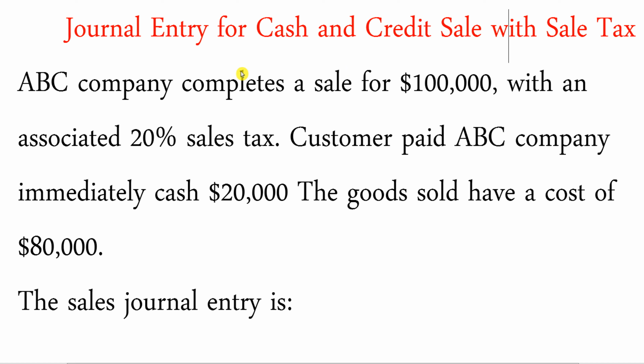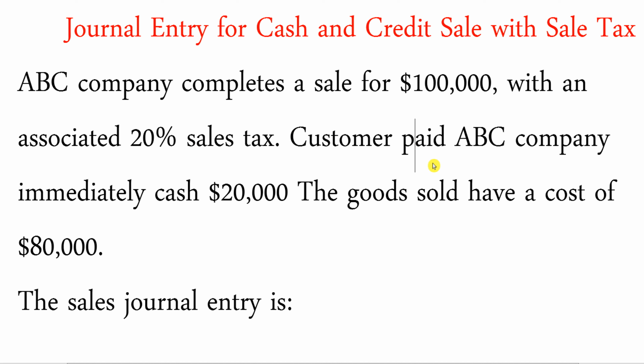ABC company completes a sale for 100,000 with associated 20% sales tax. 20% sales tax means that our government charges our customer, and then the government requires us to collect tax for them.